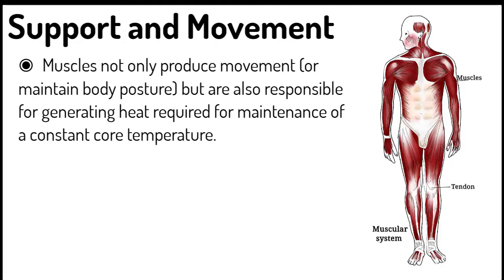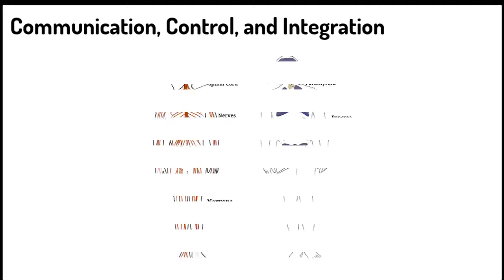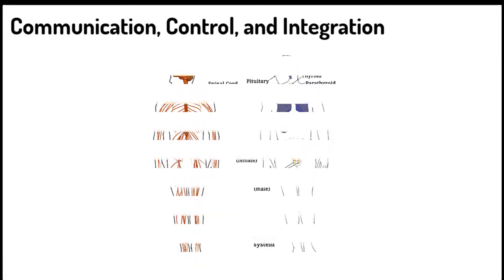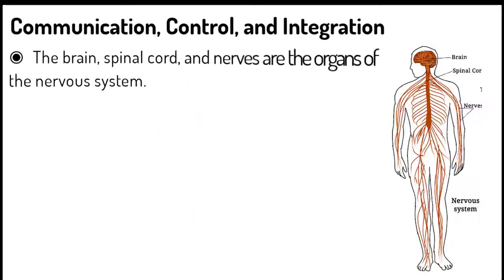Now we will discuss communication, control, and integration. For the body to function as a whole, its various structures must be coordinated and regulated. As you can see in this figure, the nervous and endocrine systems accomplish this vital task. The brain, spinal cord, and nerves are the organs of the nervous system.